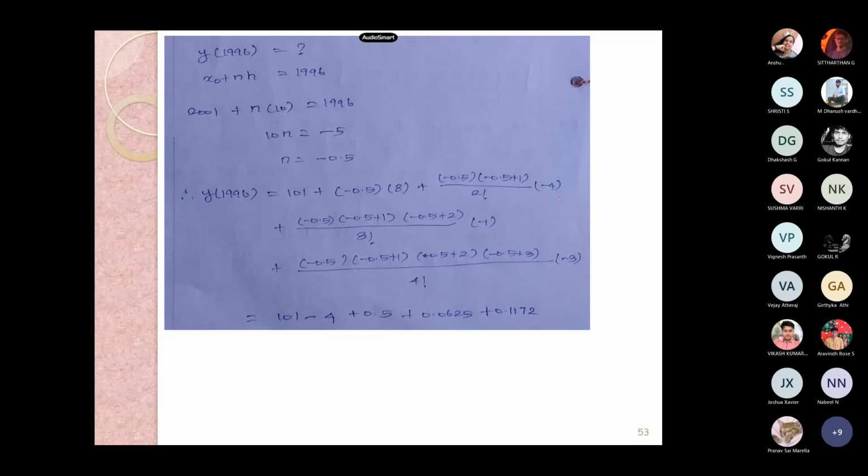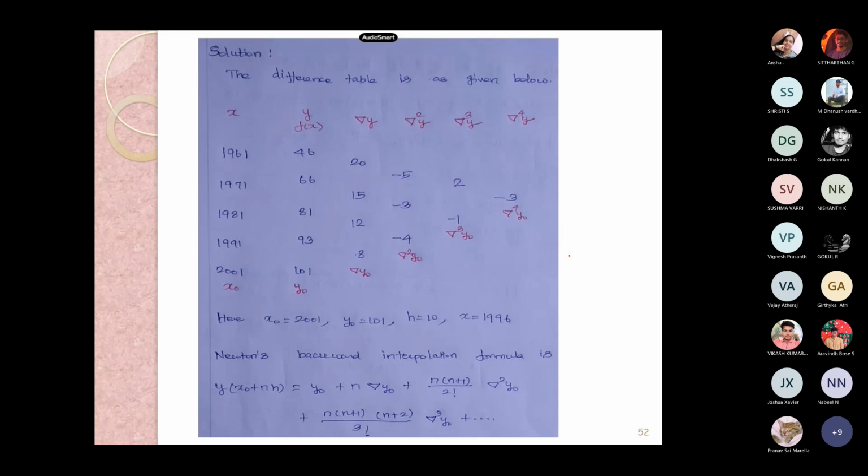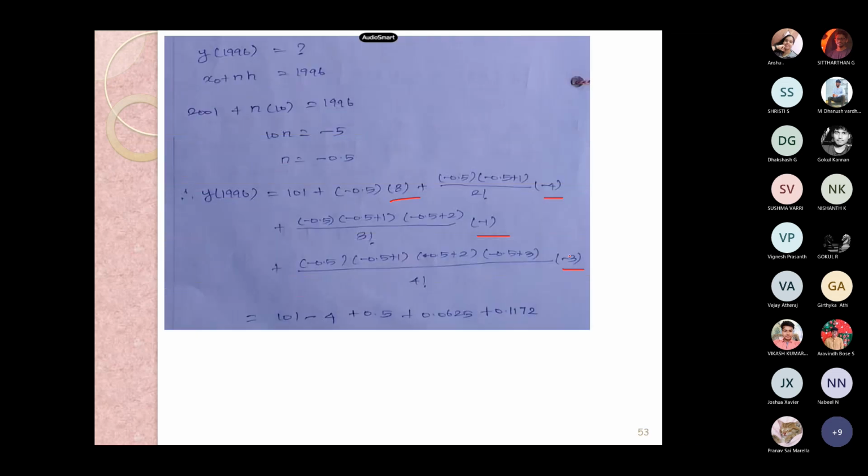Apply the values in the backward interpolation formula. We get the result: 101 plus minus 0.5 into 8, which is the first difference, then the second, third and fourth differences. 8, minus 4, minus 1 and 3.